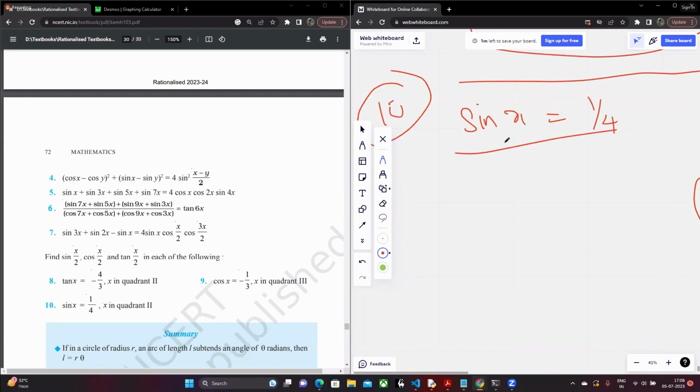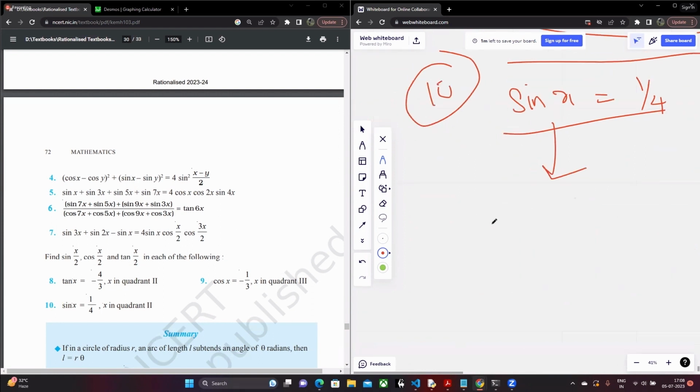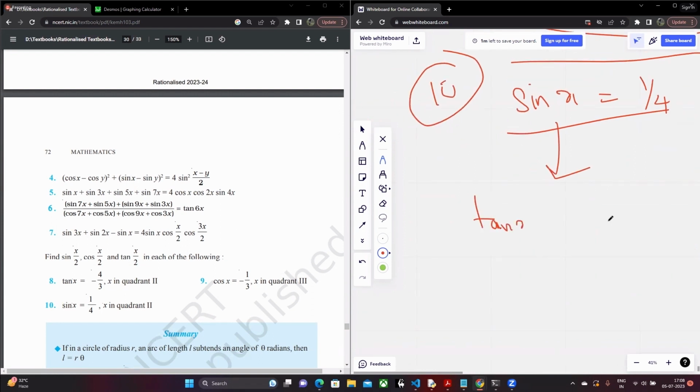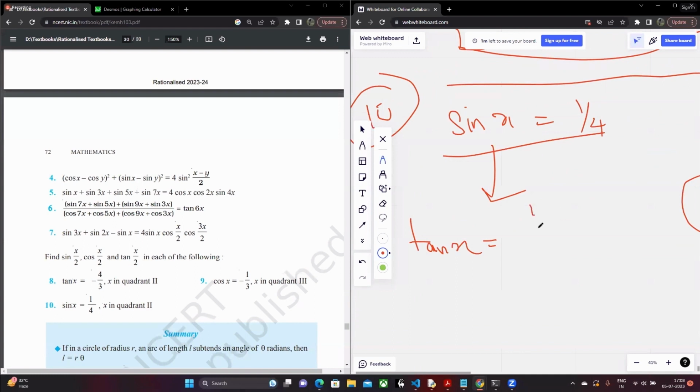Since sin x is 1 by 4, this means that tan x is going to be 1 by 4 divided by minus root of 1 minus 1 by 16. It's sin x divided by root of 1 minus sin squared x. Since cos x is going to be negative in the second quadrant and tan x is going to be negative, I will introduce a minus sign over here because roots are always positive.